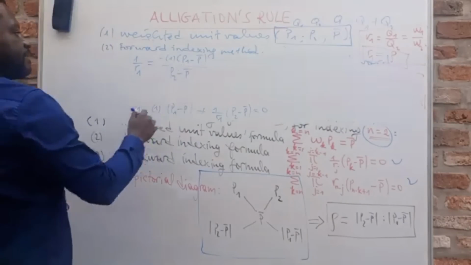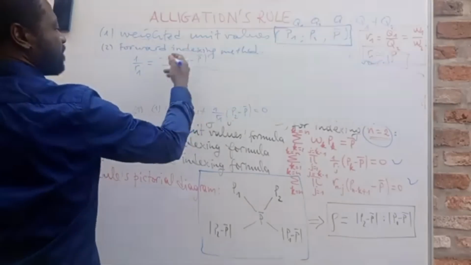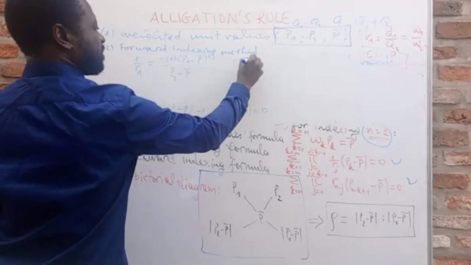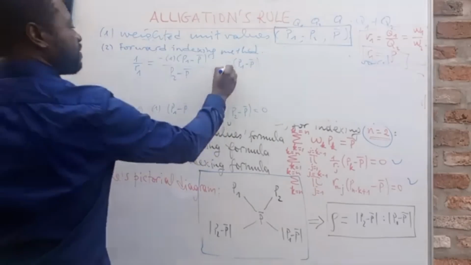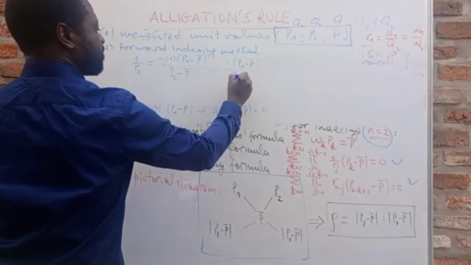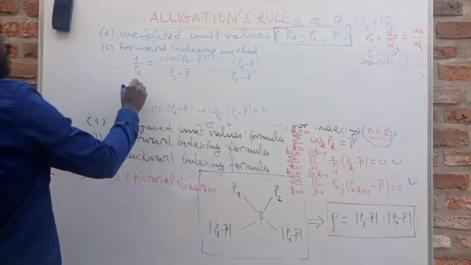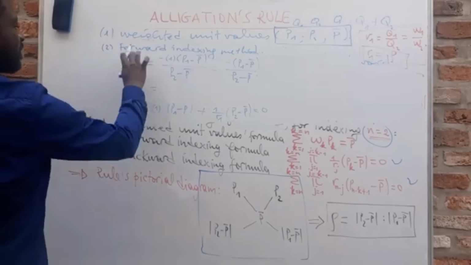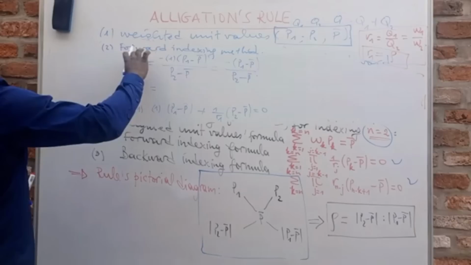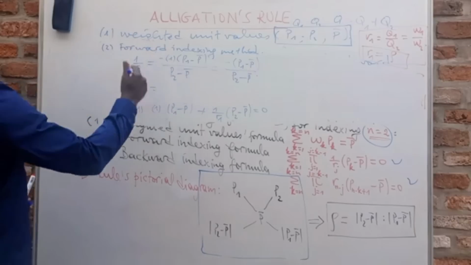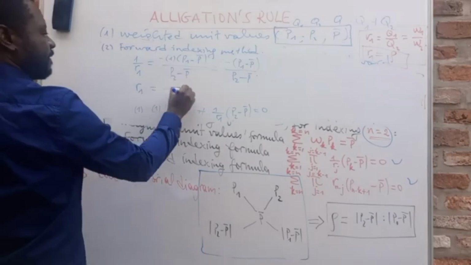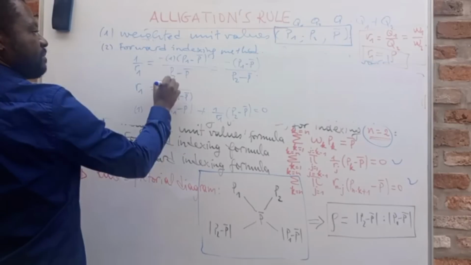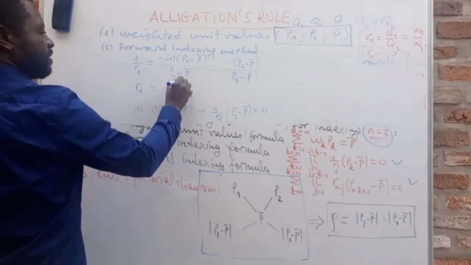So now multiplying by 1, no change, we get negative (P sub 1 minus P bar) over (P sub 2 minus P bar). Now if we want R sub 1, we take the reciprocal of the reciprocal, so we get negative (P sub 2 minus P bar) in the numerator over (P sub 1 minus P bar).